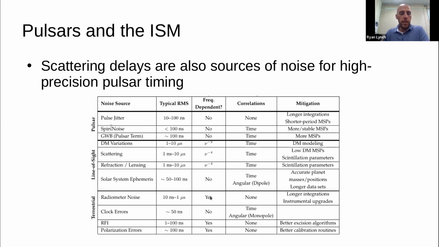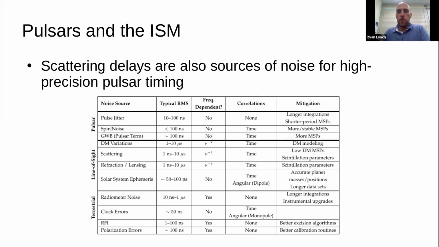And you'll see midway down the list, there's scattering, also these refraction and lensing terms, which in some cases can be quite small, on the order of only maybe a few nanoseconds, but in other cases can be relatively large for certain pulsars. These are strongly frequency dependent, so they are certainly much stronger at low frequencies than at high frequencies.